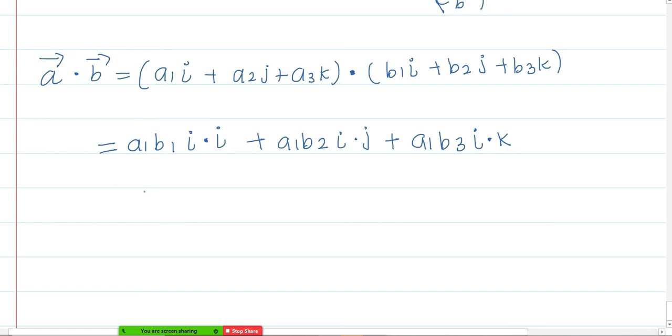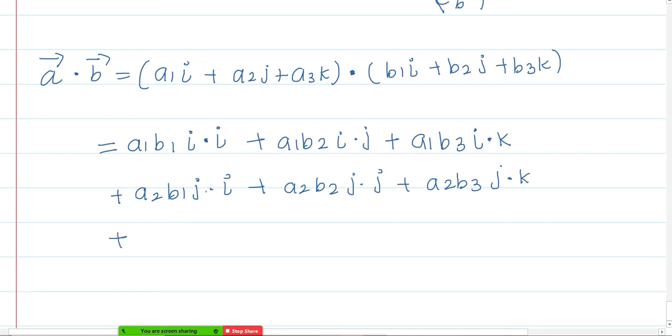A2 B1 J dot I plus A2 B2 J dot J plus A2 B3 J dot K. Next term, if you take A3 and K multiply with other terms, it becomes A3 B1 K dot I plus A3 B2 K dot J plus A3 B3 K dot K.